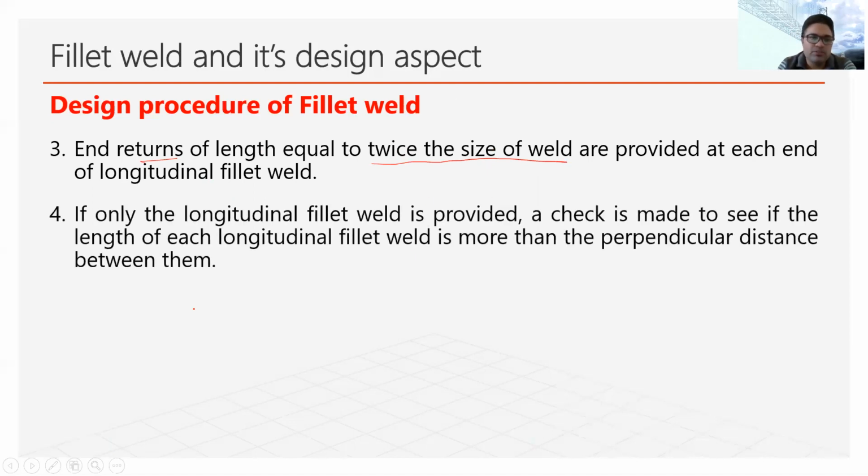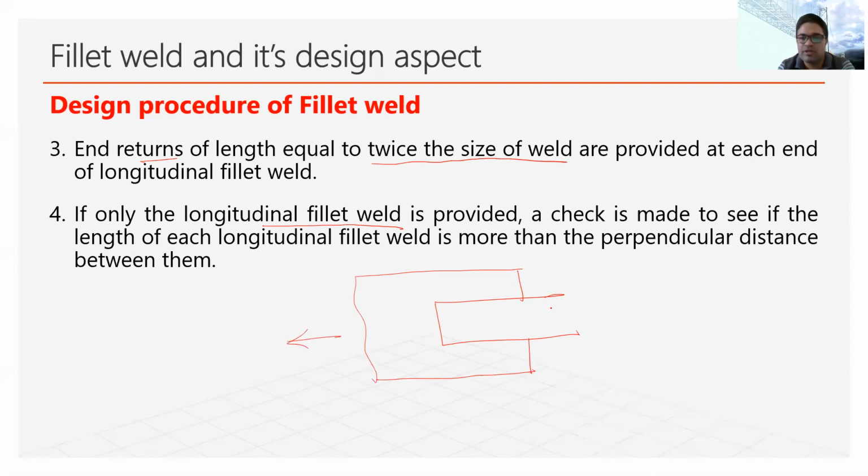In the fourth step, it says if only longitudinal fillet weld is provided, then we generally check whether the length of each longitudinal fillet weld is more than the perpendicular distance. I have discussed this case previously, when this plate is joined with another plate of a different width.